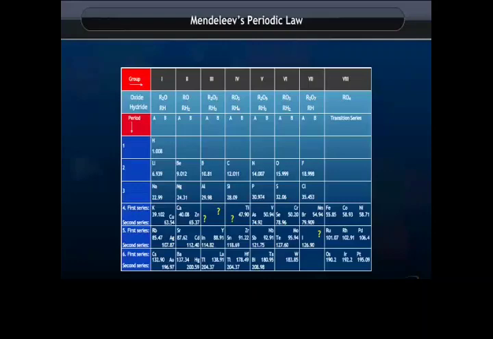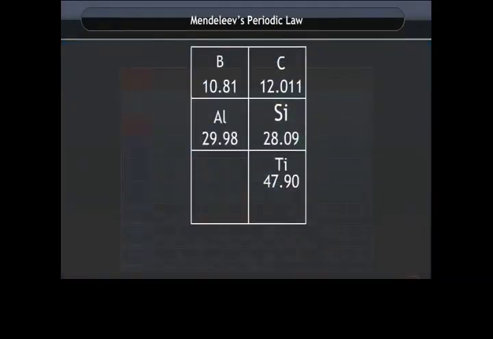Mendeleev boldly predicted the existence of some elements that had not been discovered at that time. Mendeleev named them by prefixing a Sanskrit numeral eka, or 1, to the name of the preceding element in the same group. For instance, scandium, gallium and germanium, discovered later, have properties similar to eka-boron, eka-aluminium and eka-silicon respectively.